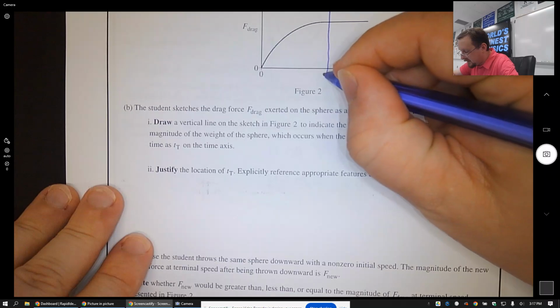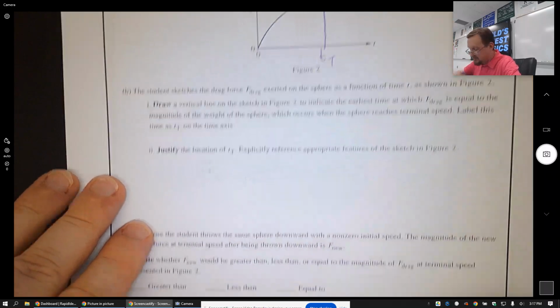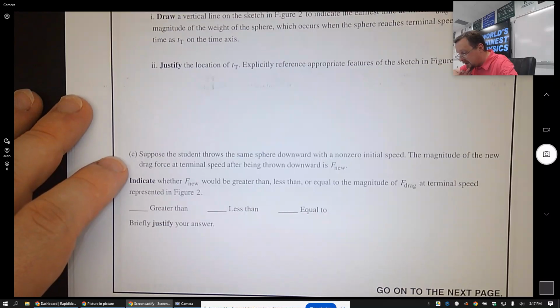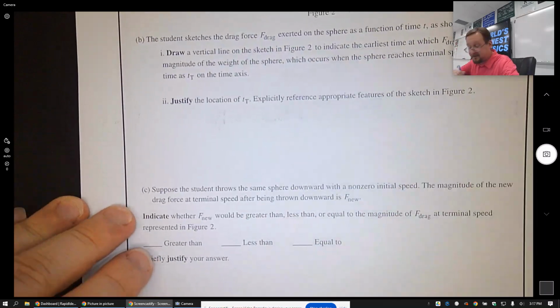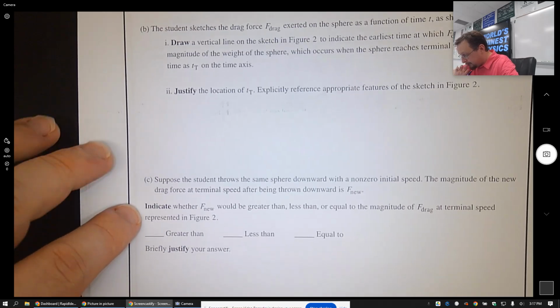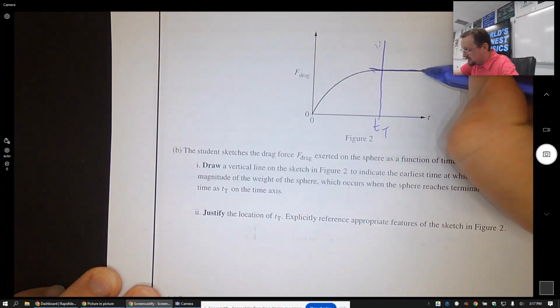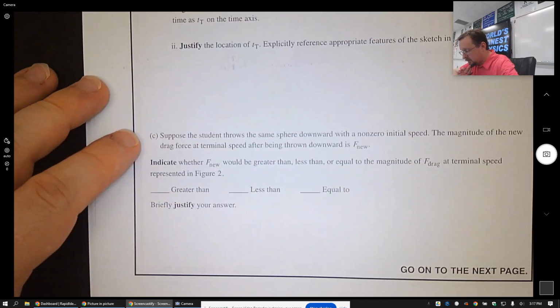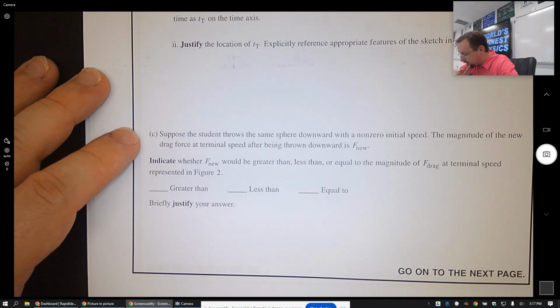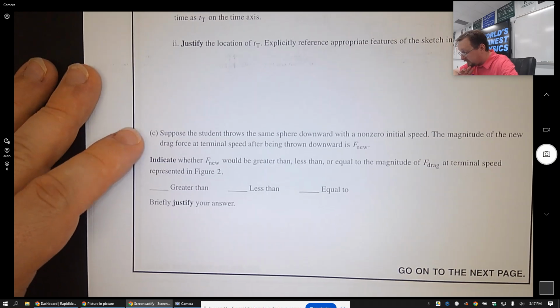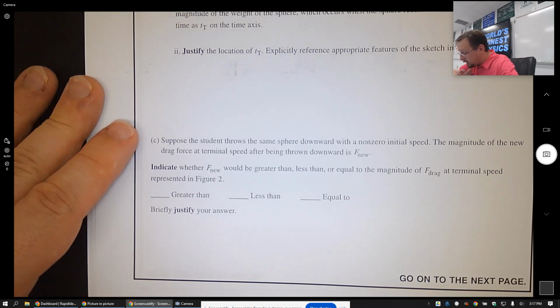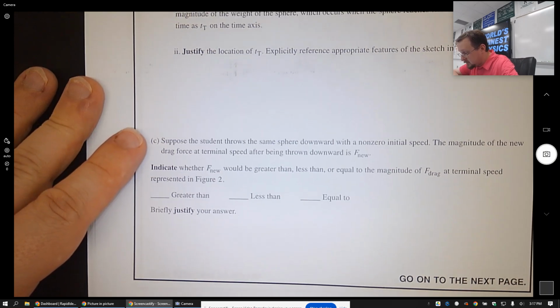I would probably put it right here. So go back to set 1 and see what I said there. The velocity has 0 slope, so the acceleration is 0. Suppose the student throws the same sphere downward. They're going to throw it downward with non-zero initial speed.